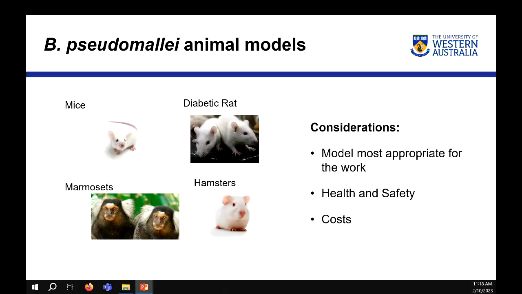So what are the animal models of Burkholderia pseudomallei? Well, these are the ones that have been used: mice, diabetic rats, and there is an instance of diabetic mice as well. This is to look at the susceptibility, the fact that if you're immunocompromised, you're more susceptible to melioidosis. Hamsters have been used because they're very susceptible, and also marmosets more recently. My colleagues at DSTL have been looking at the marmoset model of melioidosis.